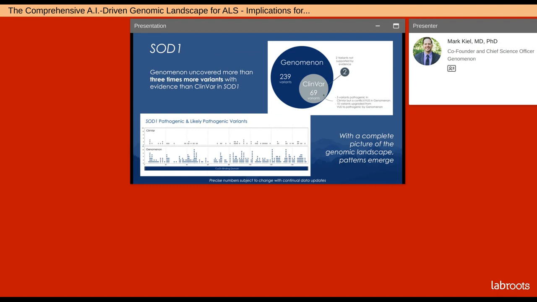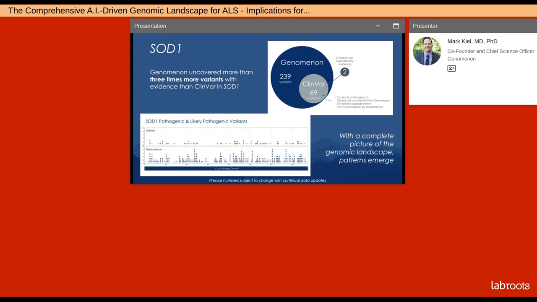So in particular, at the upper portion of this slide, I want to draw your attention to the fact that the ALS genomic landscape produced by Genomenon has uncovered 3 times more variants, each of which is associated with a vast body of evidence compared to the number of variants for SOD1 that are found in ClinVar, which is a collection of user-submitted variants that are seen in clinical practice.